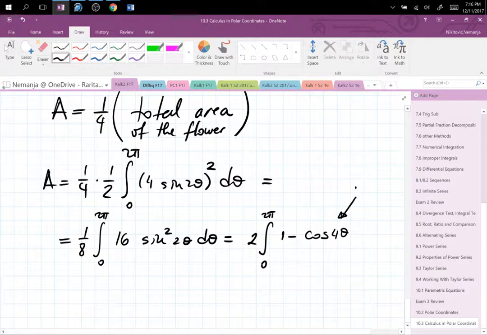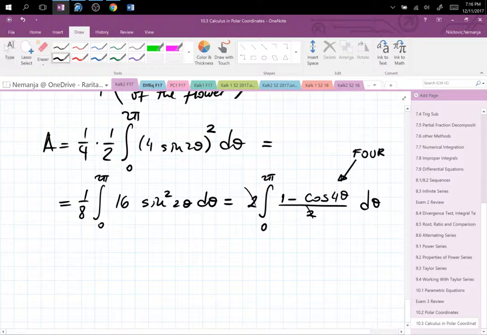Let me just spell it out. 4 theta. Because whatever the incoming number is, the formula doubles it. So if you had 16 petals, that would be 8, and in the formula it would have cosine 16. It has to double. All right, so that kills these two.